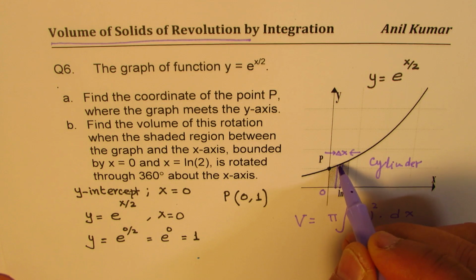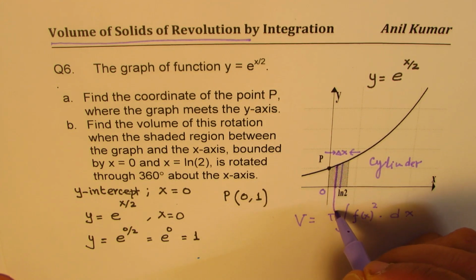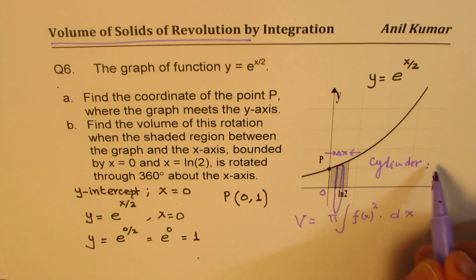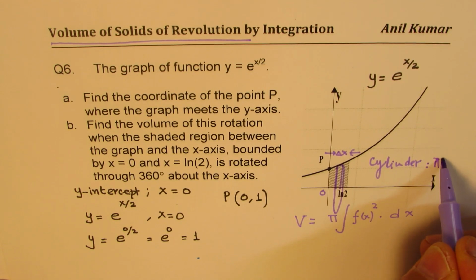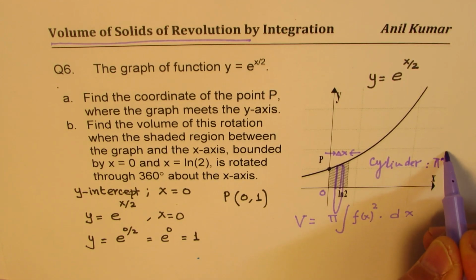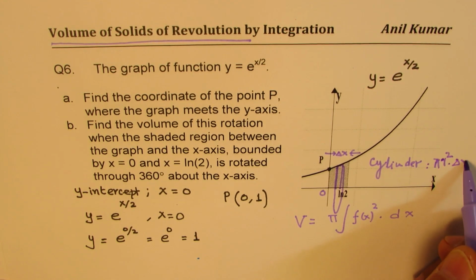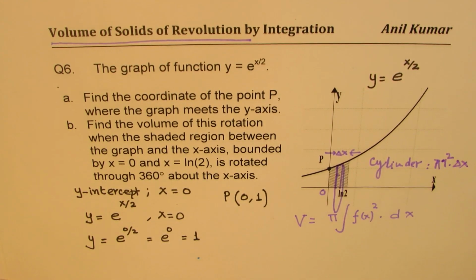So when it revolves, it is making a shape like this, right? So the area is pi r square, right? That's the area, times delta x gives you the volume. The width of this is the height of the cylinder.